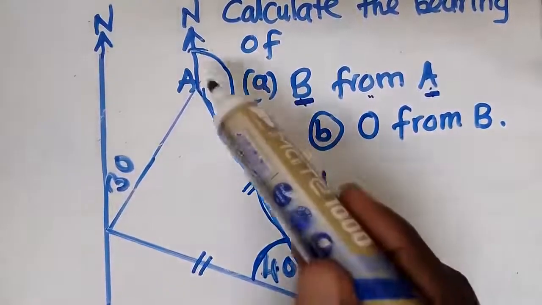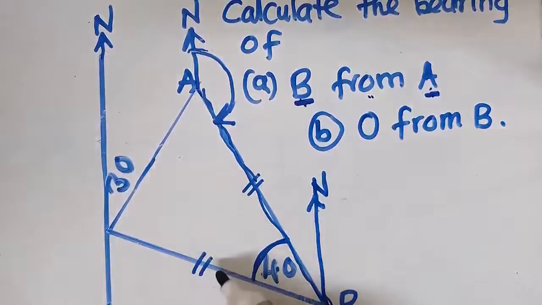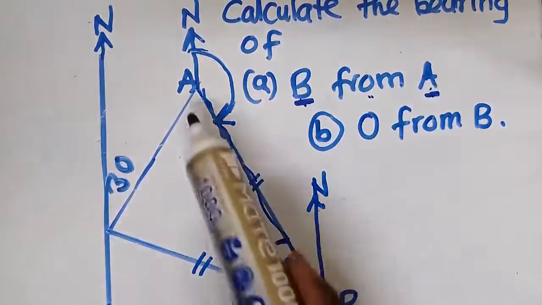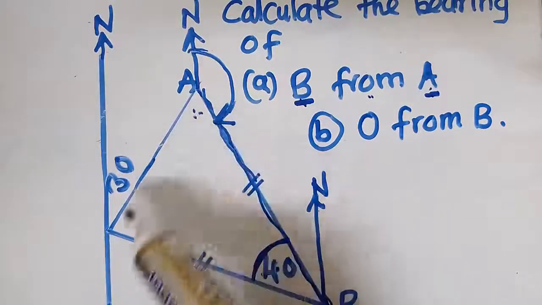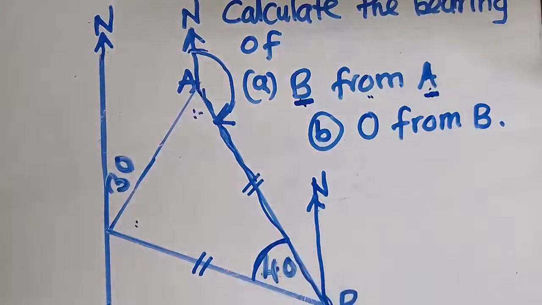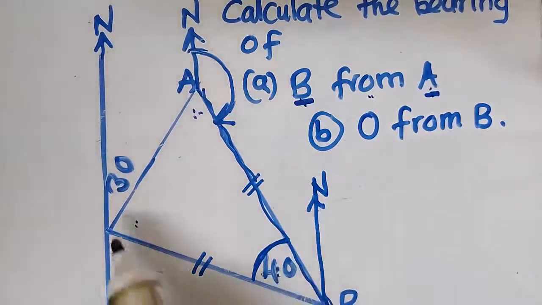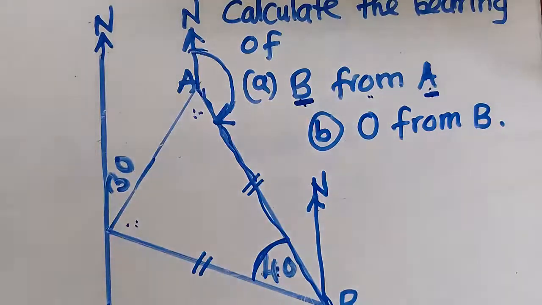Now, how can we find that? We've got these two lines. Have you seen these two lines? These two lines mean that these two angles are equal. So you are going to say, okay, this is 40. Then you know that angles inside the triangle add up to 180. So when you add this angle here, this angle there, and the angle there, you need to get 180.